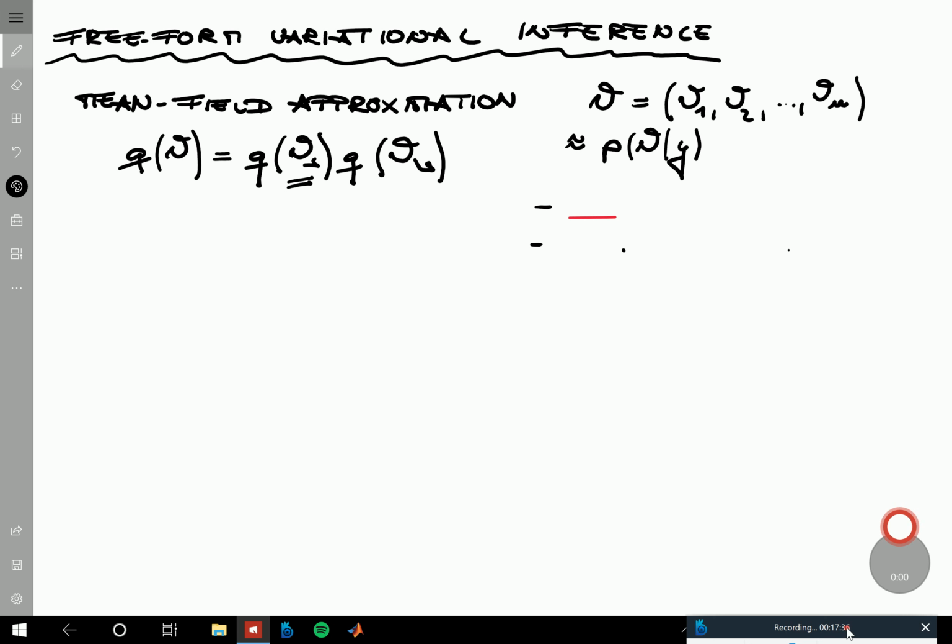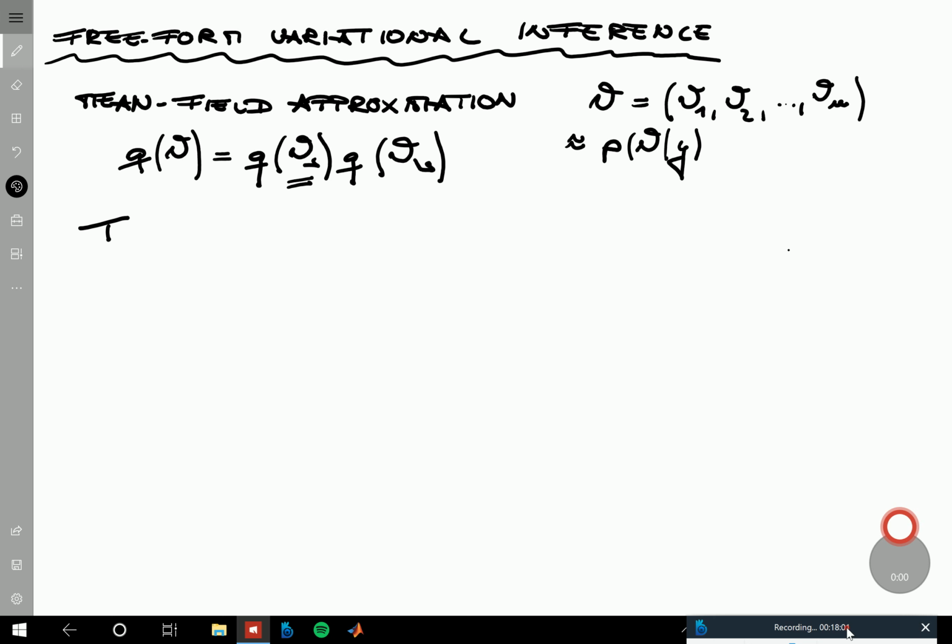Because if one makes this factorization assumption, then there is a result from variational calculus that allows one to maximize the variational free energy.